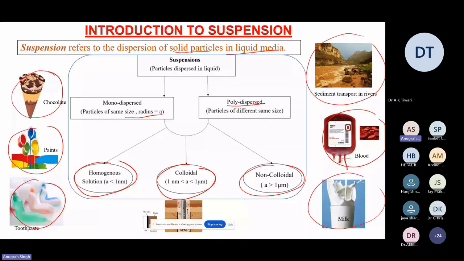Another example is your drilling fluid. While drilling an oil well, we use drilling fluid, which is a suspension of bentonite in either oil or water. So mostly water-based bentonite mud is used. So there are plenty of examples, and we will see whether we can compute the rheology of especially non-colloidal.